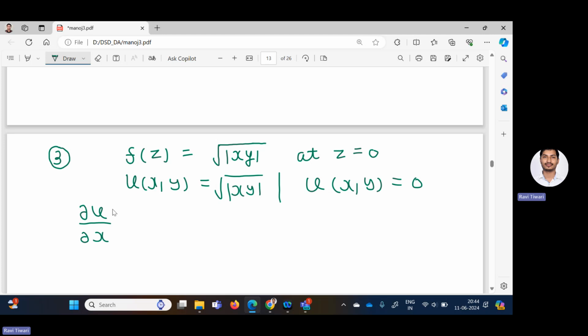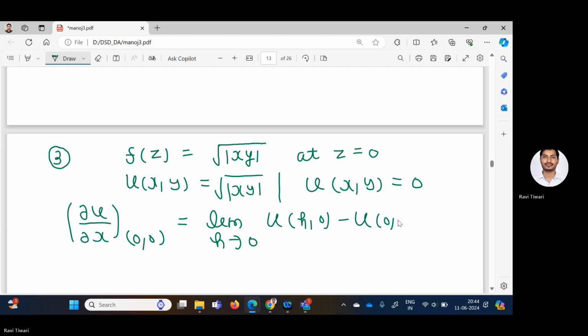Dou u by dou x at 0 comma 0 equals limit h tends to 0 of u of h comma 0 minus u of 0 0 divided by h.